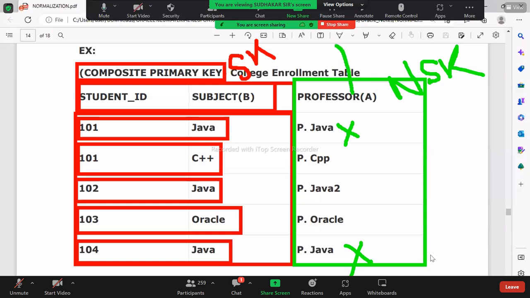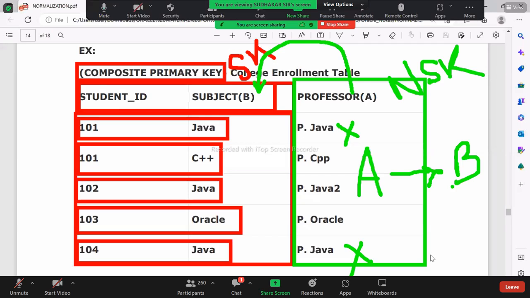That means professor depends on subject. So your point is: A depends on B. Here A is professor, B is subject. If A depends on B, then A should be a super key.